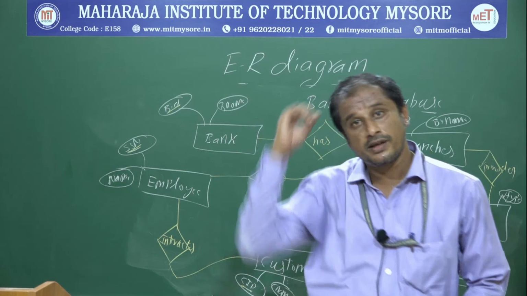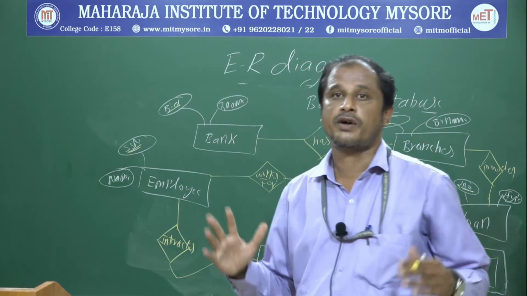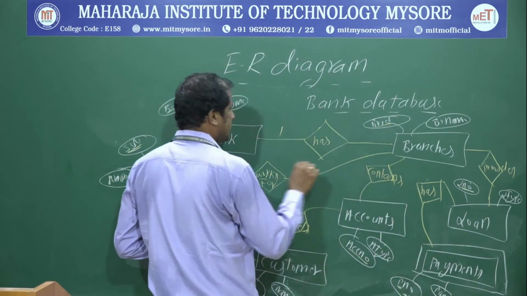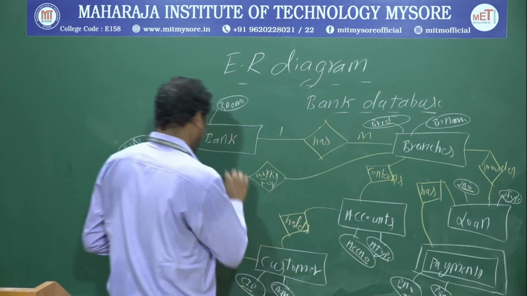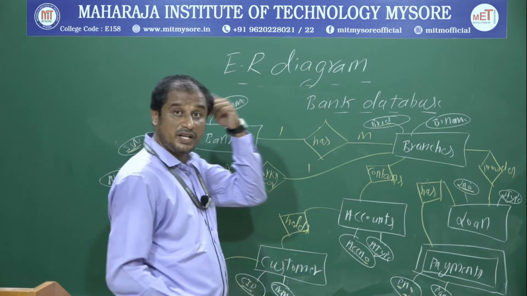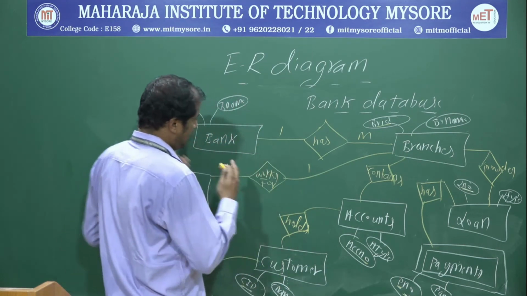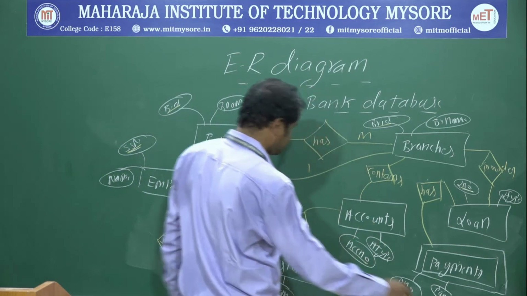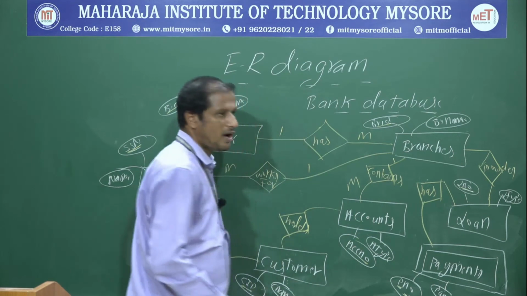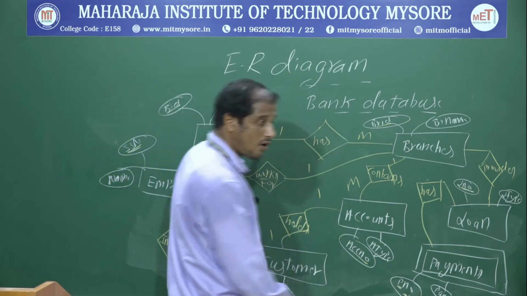Now we identified the entities, the attributes, the keys, the weak entity, and the relationships. Now our job is to identify the cardinality ratio. One bank has many branches, and many employees work for one branch. One branch contains many accounts. One customer holds one account.